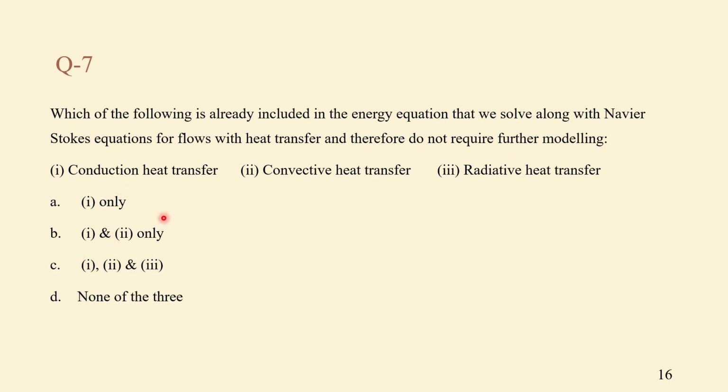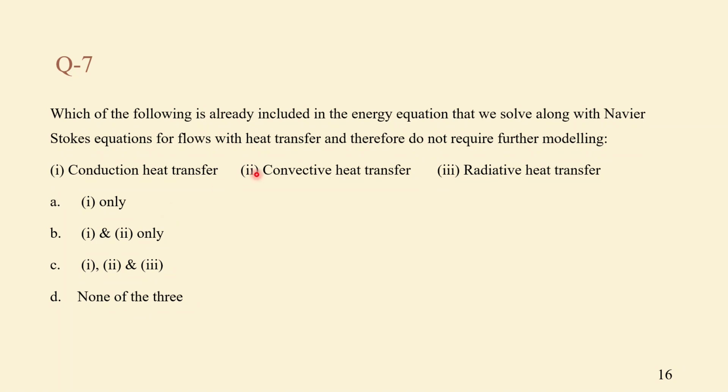The answer is option B, 1 and 2 only. If you look at the energy balance equation, we have included the conduction part, and the convective part, meaning how the temperature changes because of the fluid flow behavior, which is included through the u and T terms.